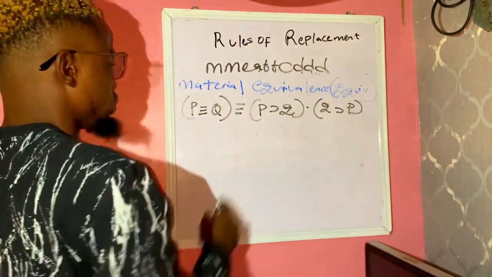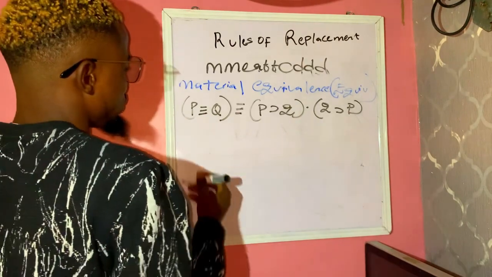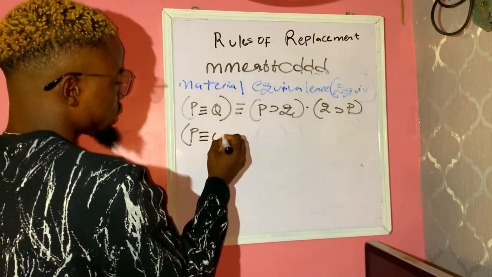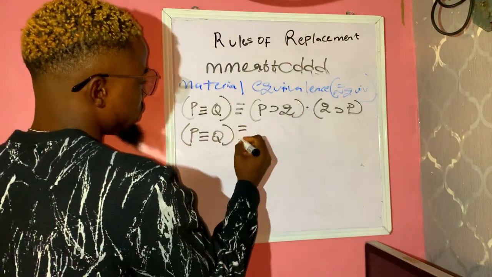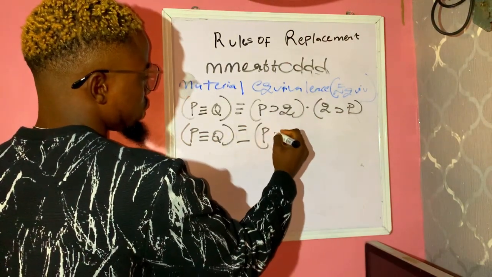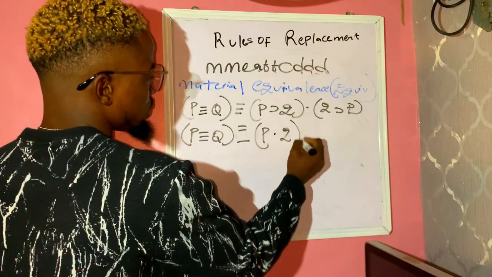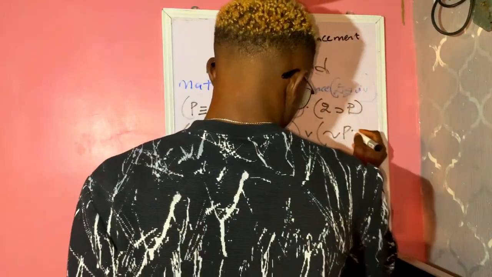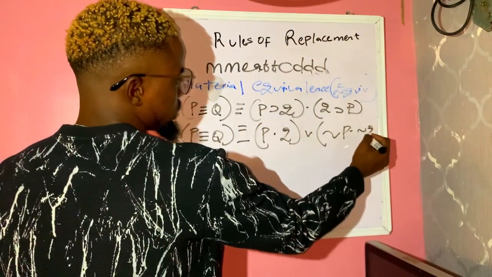Apart from this one, there's another possible way of using it. If you have P if and only if Q, you can replace it with P and Q, or negation P and negation Q.